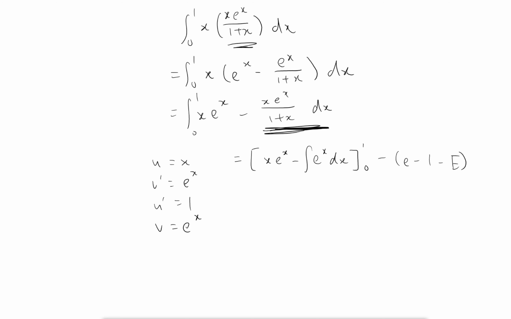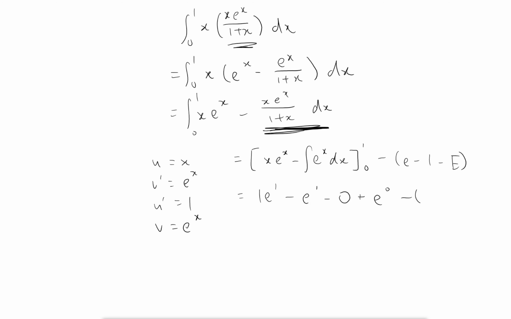From here we get 1 times e to the 1, minus, the integral of e to the x is e to the x itself, so minus e to the 1, and then we put 0 in, so that's minus 0, plus e to the 0.